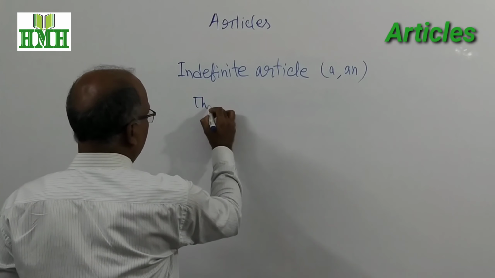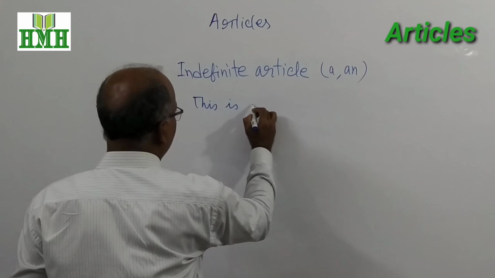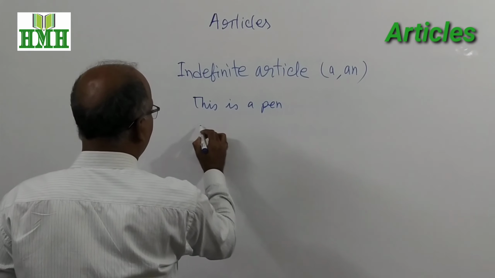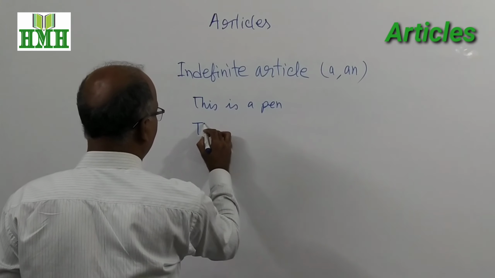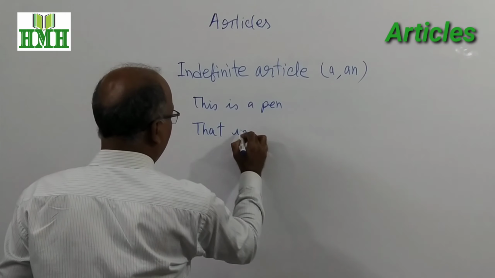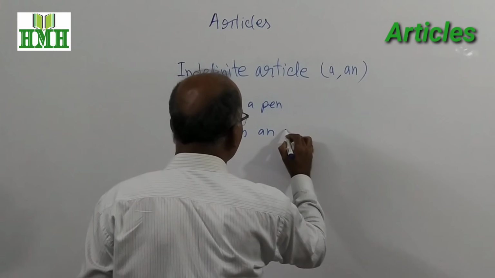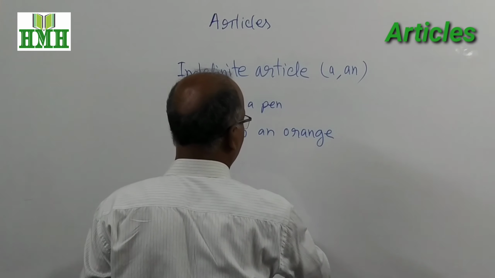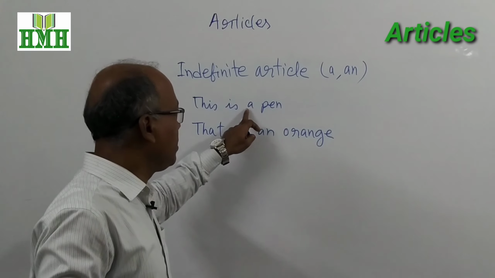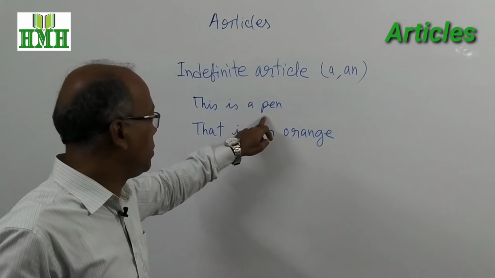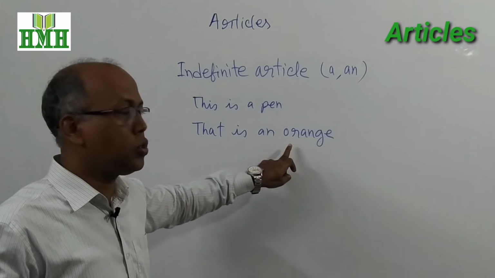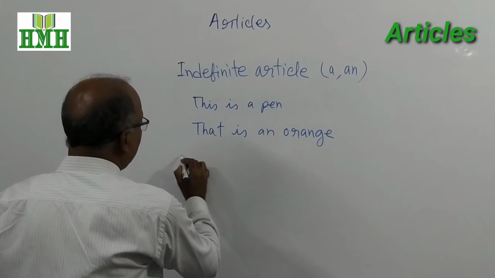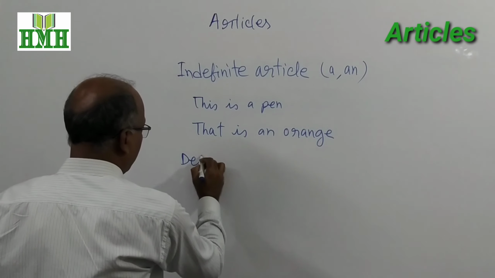Suppose, this is a pen, that is an orange. A is used before a consonant and an is used before a vowel: A, E, I, O, U. Now, what is the definite article?